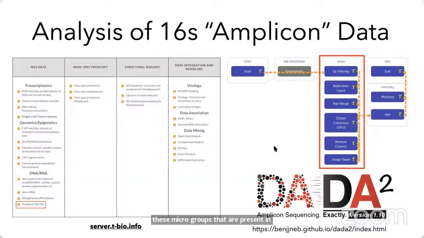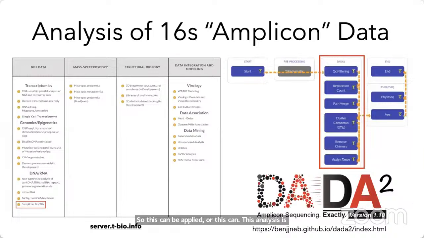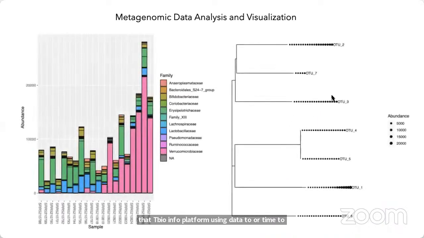This analysis is commonly referred to as 16S rRNA amplicon data analysis, and can be performed, like other analysis methods in the T-BioInfo platform, using the DADA2 or QIIME2 pipeline. As a result, you can obtain proportions of taxonomic groups across samples, with the analysis of sample diversity, disease biology, or different phenotypes in general.